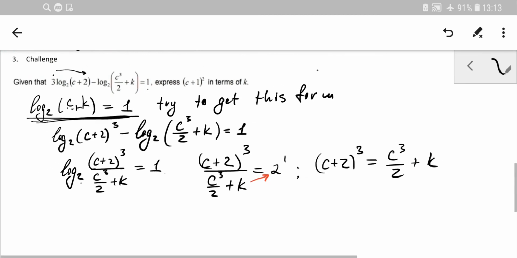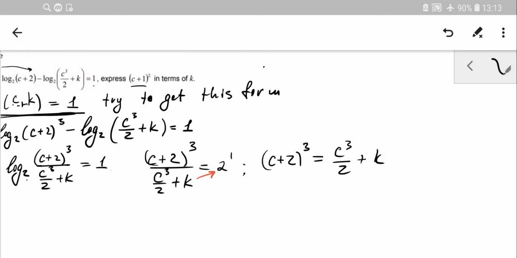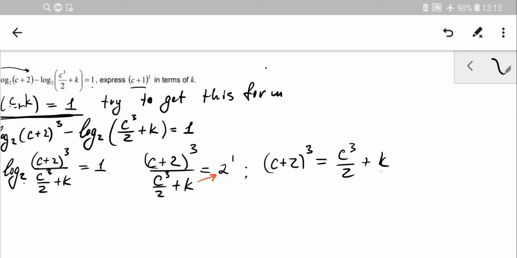All right, so we need to express c plus 1 squared in terms of k. If it were k in terms of c, that's already the answer because k already stays alone on the right hand side, and we simply can move c cubed over 2 to the left hand side. However, here we have another question: we need to express c plus 1 squared in terms of k. So obviously we need to try to simplify c plus 2 cubed.